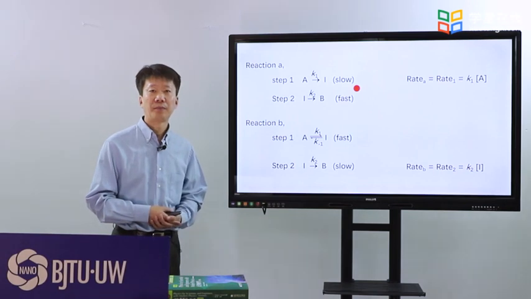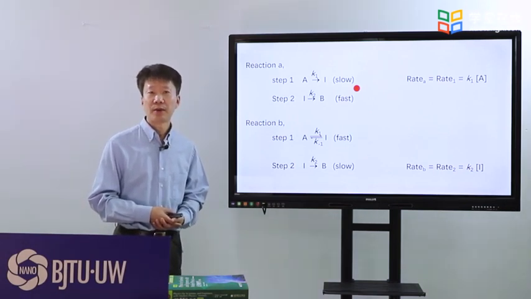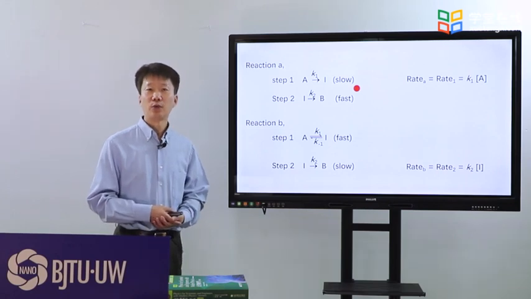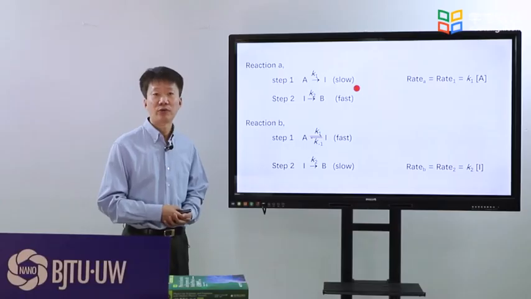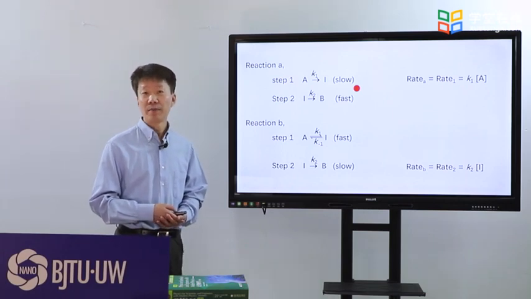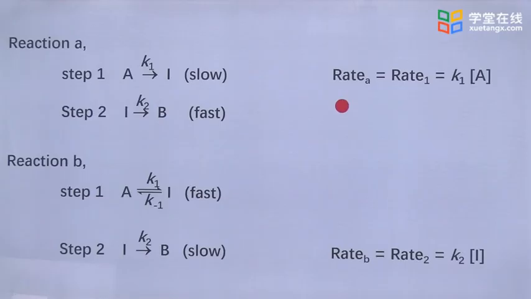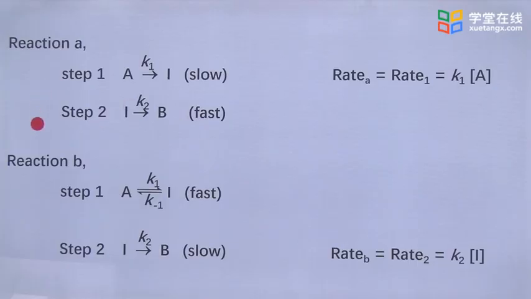First step is slow, is the rate determining step, and we can take the rate of step 1 as the rate for overall reaction A. Then we write down the rate A equals rate 1 equals K1 times the concentration of A. For reaction B, step 2 is clearly the rate determining step.